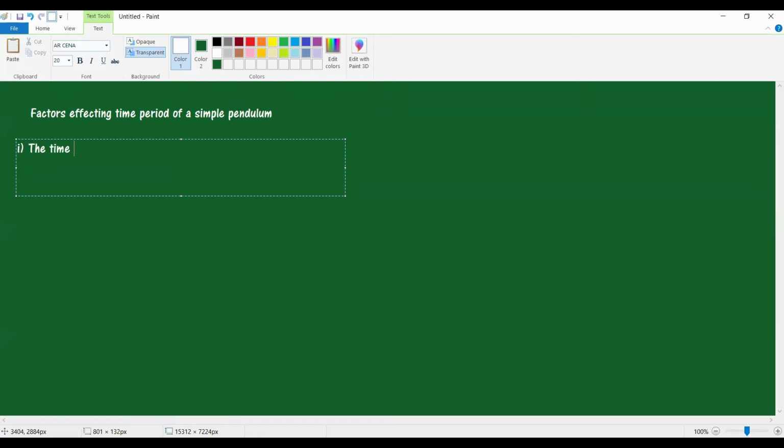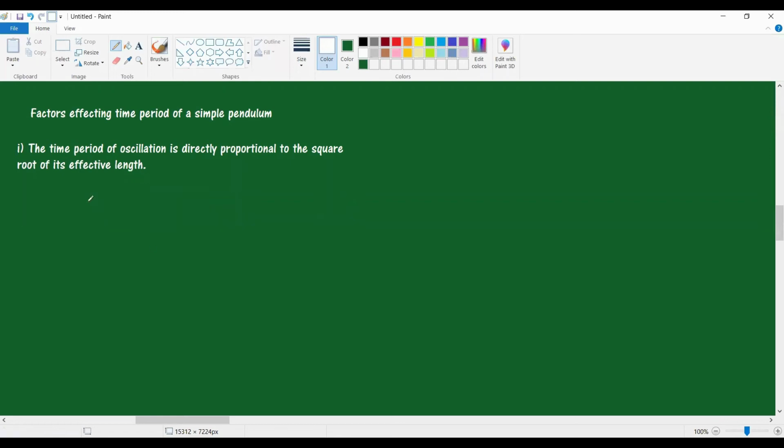The time period of oscillation is directly proportional to the square root of its effective length. Simple.